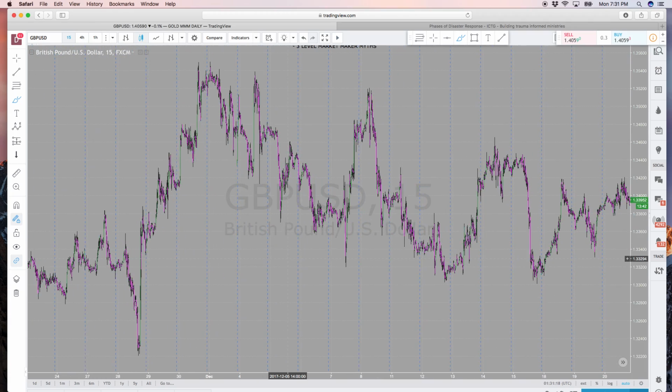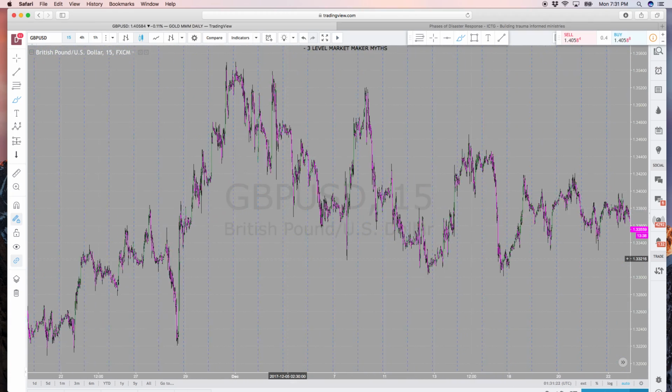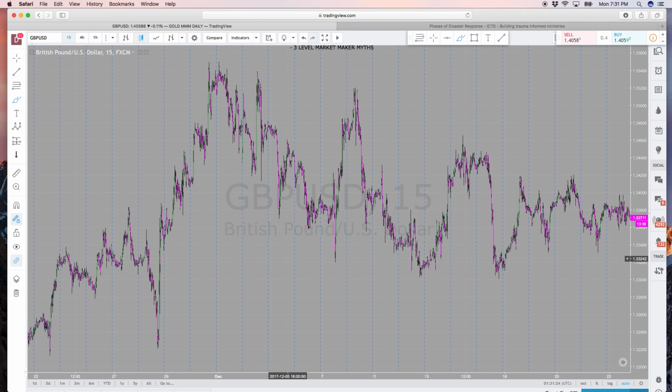That's relatively normal volatility. Anything over that, 300 to 500 pips, that's pretty crazy, and you shouldn't be trading that, unless you know what you're doing, obviously.